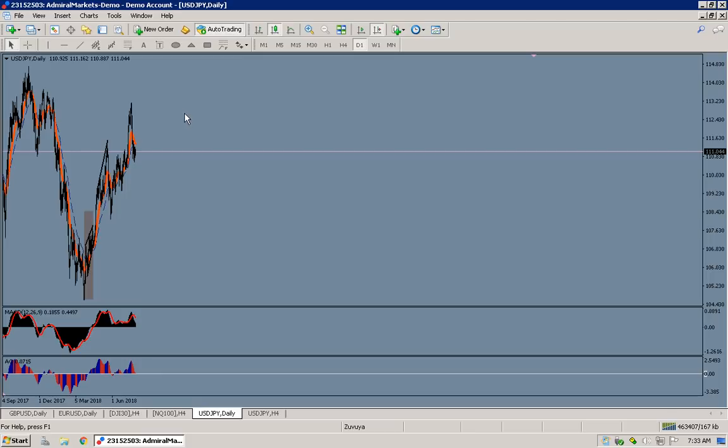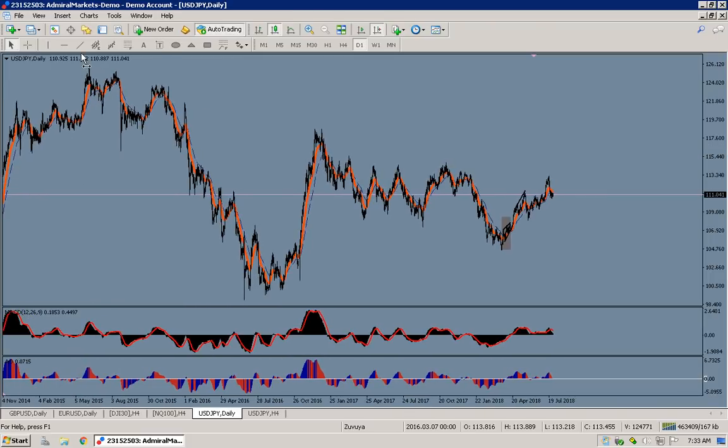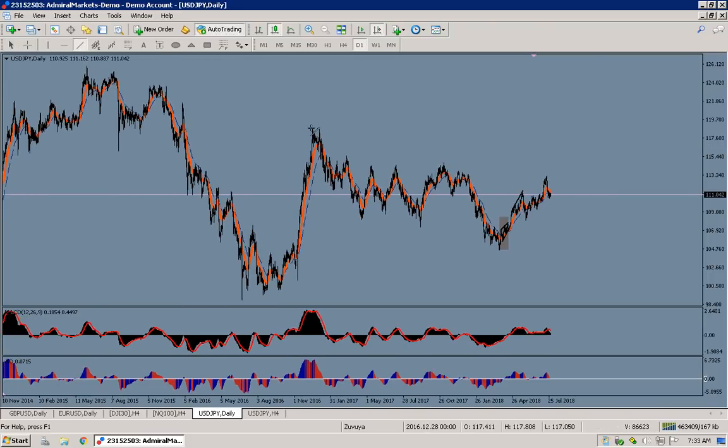So if we zoom right out here, for example, we can ask, have we got a line that's of interest? Is there anything that we can see that makes sense to this point?